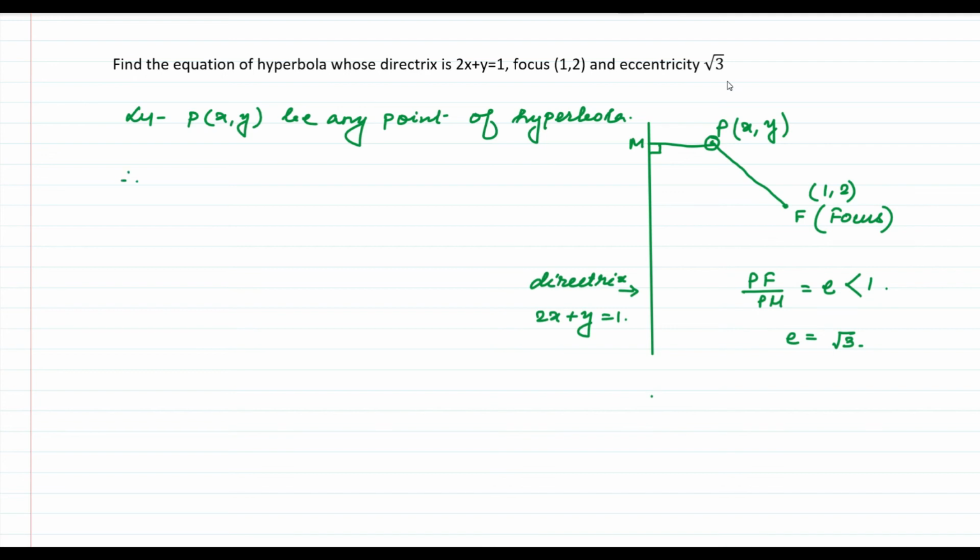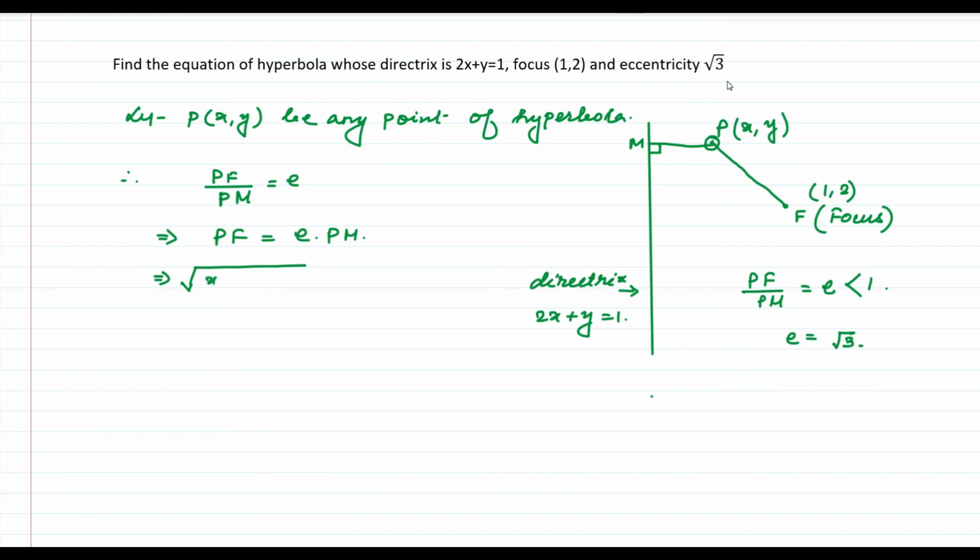Therefore, we can say that PF by PM equals E, which implies PF equals E into PM. Now PF means the distance between these 2 points.